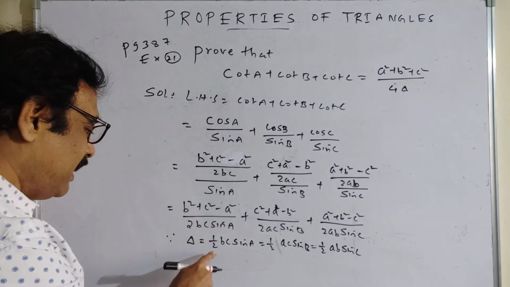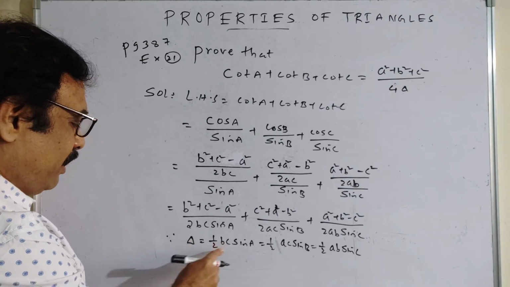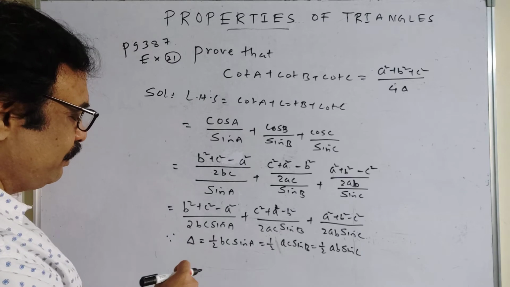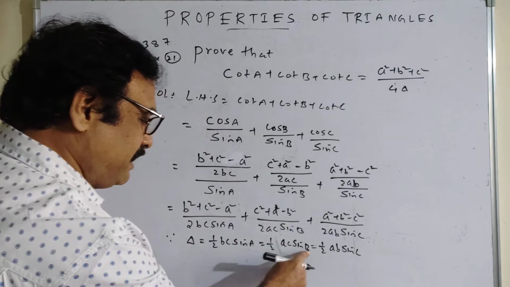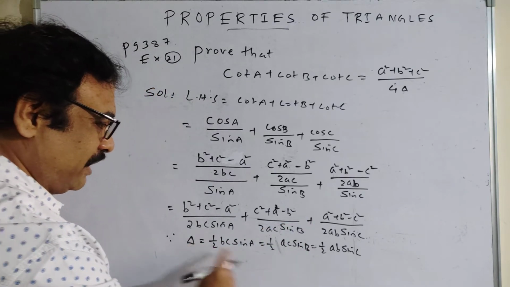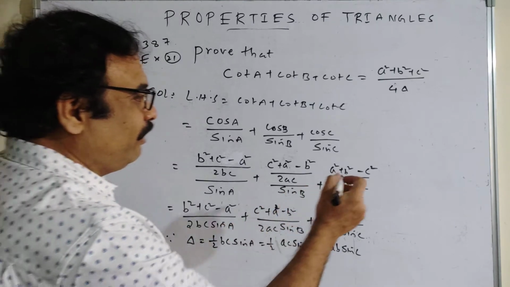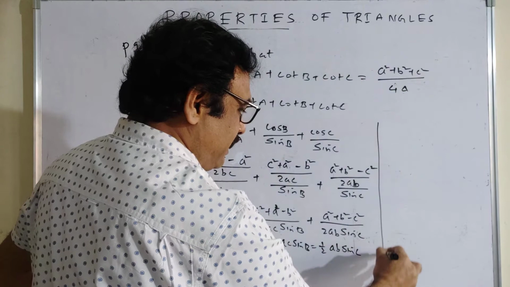Because upon cross multiplication you will be getting 2 delta: bc sin A equals 2 delta, ac sin B is equal to 2 delta, and ab sin C is equal to 2 delta.